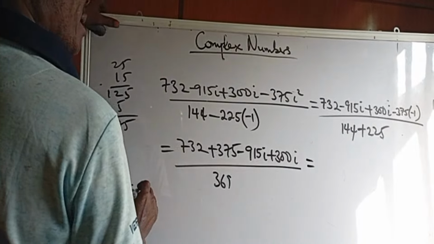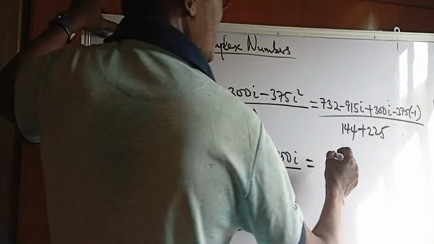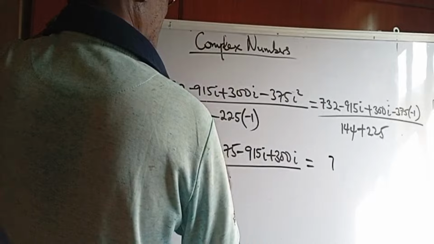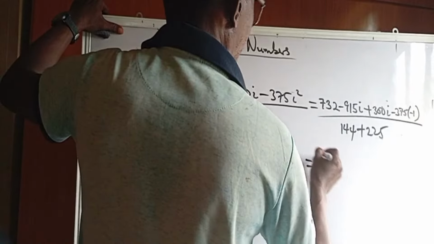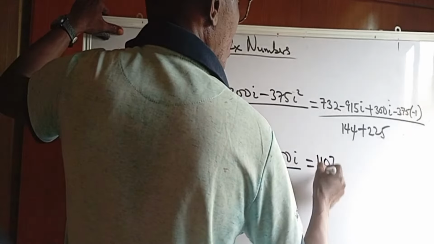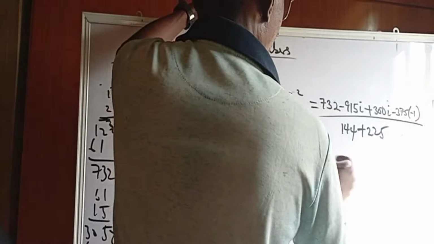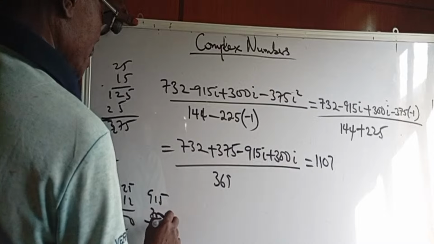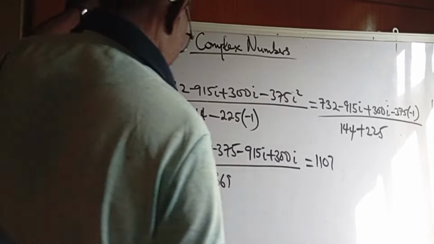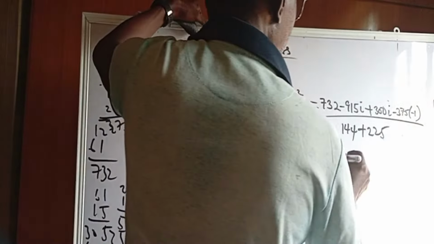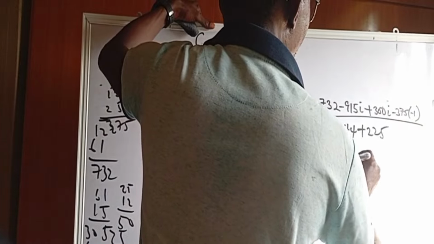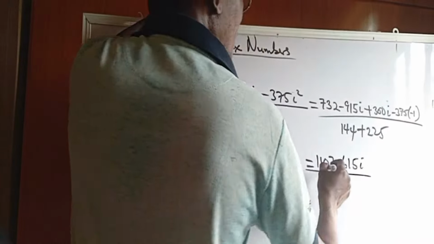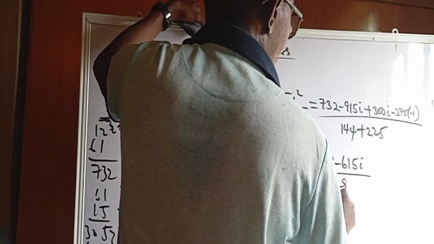So that will be what now? Let's subtract. Okay, we had it here. This is 7, 10, 11. Now just 10, 0, and 11. Then minus 915 plus 300. That's minus 615. Minus 615i all over 369.